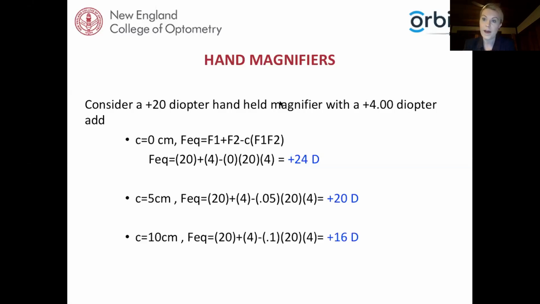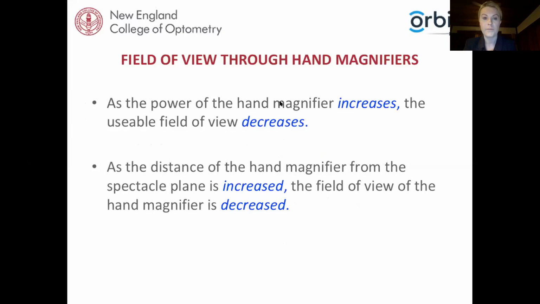Now, if we have C equal 10 centimeters, that's greater than the focal length of the hand magnifier, we see that when they're looking through the bifocal, the equivalent power that they're getting through the system actually is now dropped. It's only 16 diopters. Whereas if the patient just looked through their distance prescription and used that hand magnifier, they would achieve 20. So again, sort of illustrates that point.